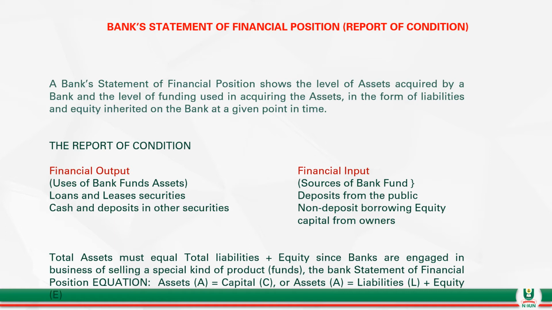That's a simple equation. Since banks are engaged in the business of selling a special kind of product, that's funds, the bank statement of financial position equation, therefore, is that assets, represented by letter A, is equal to capital, represented by letter C, or assets is equal to liabilities, letter L, plus equity.